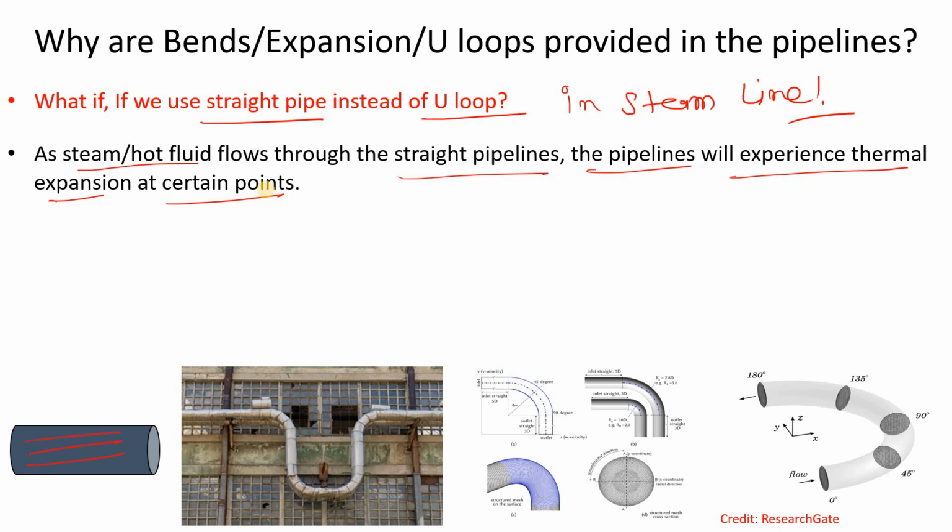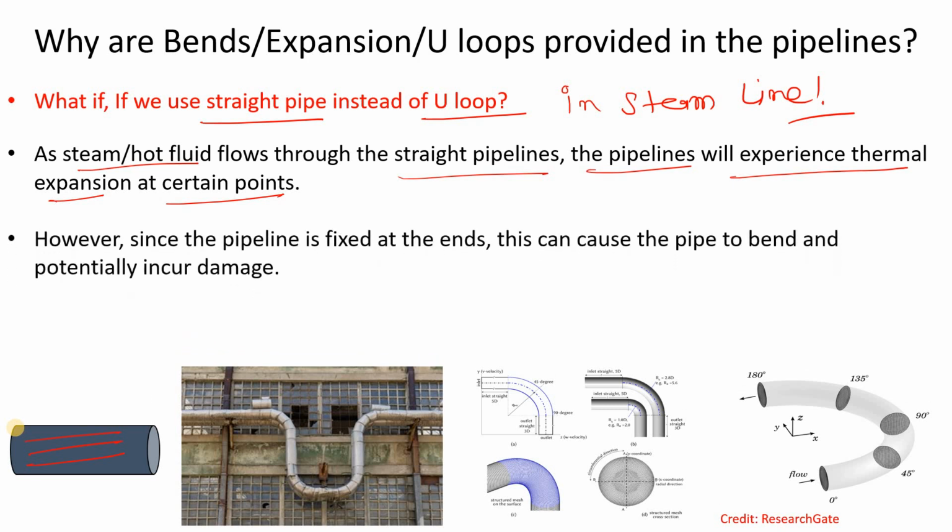Obviously it will experience thermal expansion. So when it experiences thermal expansion, your pipe will expand or contract, right? Now because this is a straight pipe, there will be one end and another end, right? Both ends will be fixed. So what will happen is that it can cause the pipe to bend, okay, and it can also potentially incur damage in the pipeline.